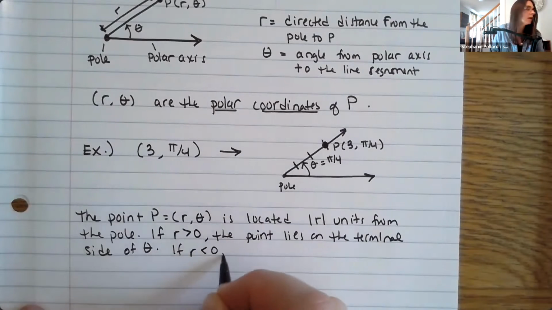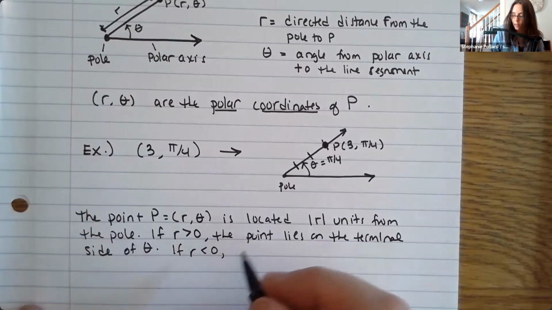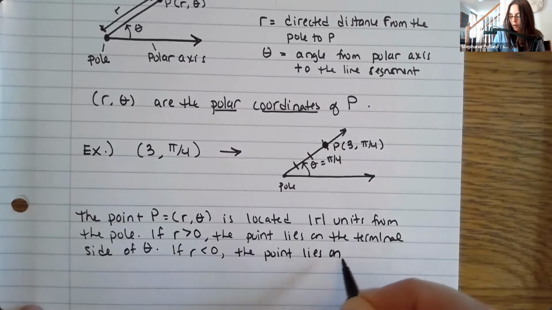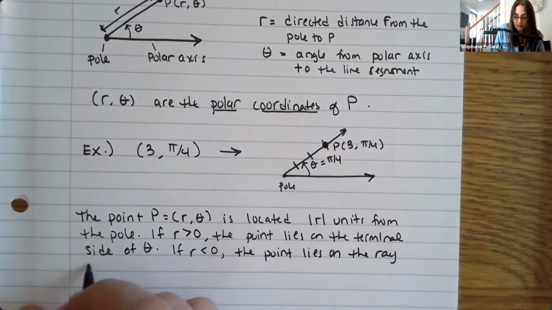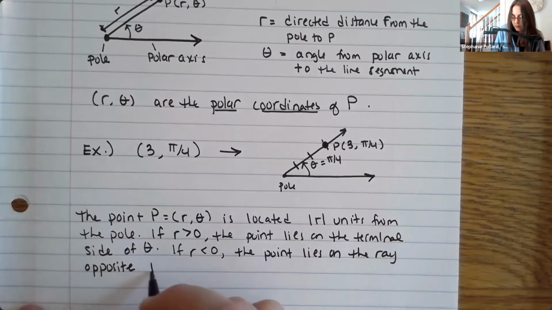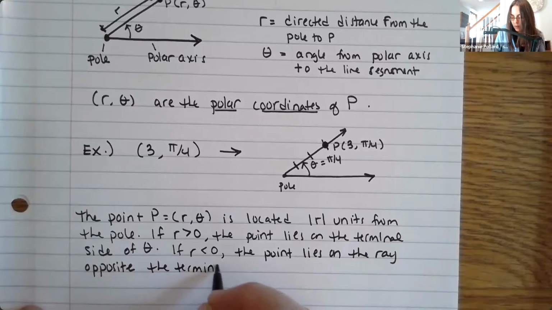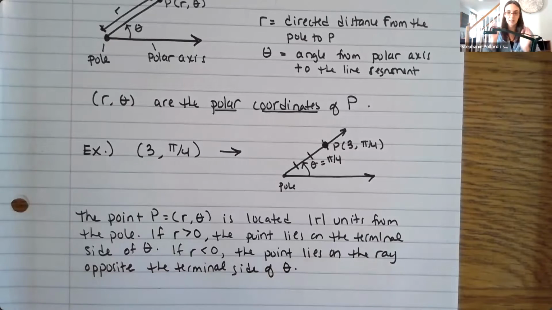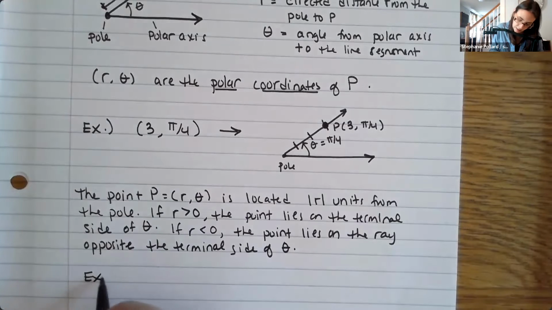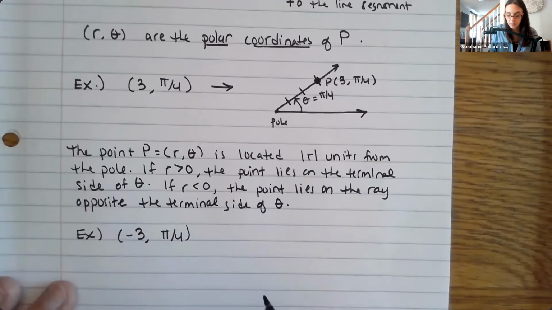If R is negative, though, the point lies on the ray opposite the terminal side of theta. So for instance, using the same example, if our point instead was negative 3, pi over 4, here's my pole.